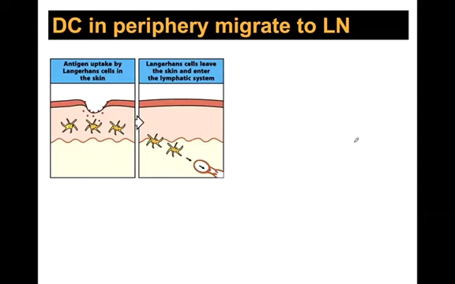So let's focus on a dendritic cell in the periphery that is going to take up antigen and then migrate to a lymph node. Okay, so we have our Langerhans cells, which are a dendritic cell that's in the skin. And there's a break to the epithelial layer where you have antigen coming in. Well, this could be a virus, it could be a bacteria, it could be even free protein.